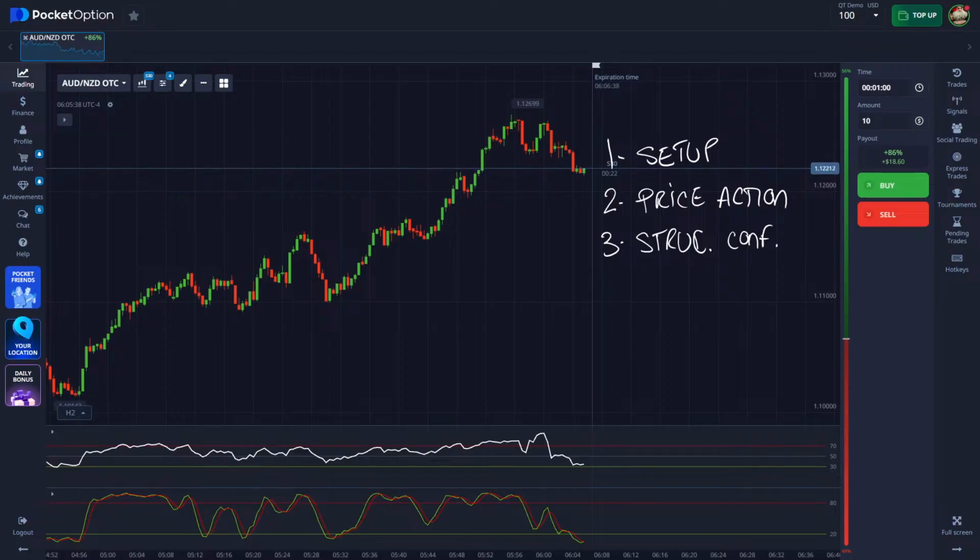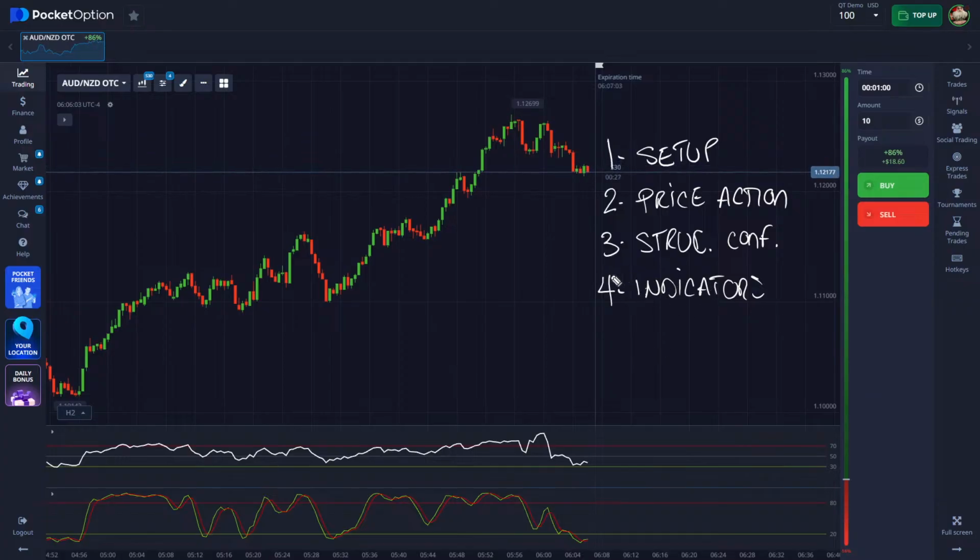There's also the fourth element. For some, it may be the case; for others, it might not. It doesn't matter, but it's the indicators that you're using. I'm using 2 indicators. Of course, if you're not using them, it's okay.